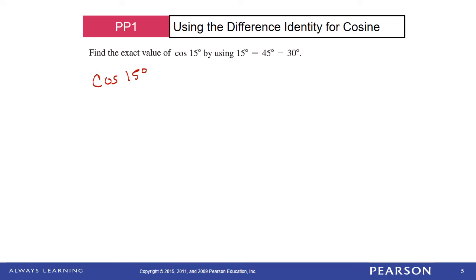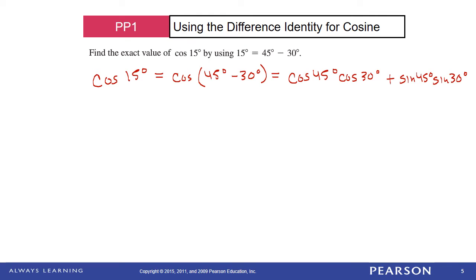So cosine 15 degrees, split it off. It's going to be now cosine of 45 degrees minus 30 degrees. And we plug into a formula. Give you guys a little bit of time to plug into a formula. All right, here's what I got.